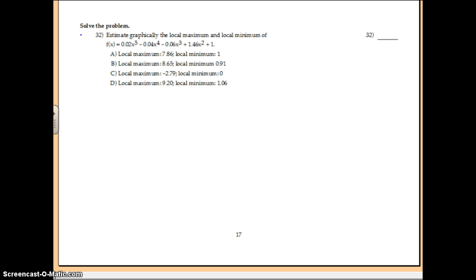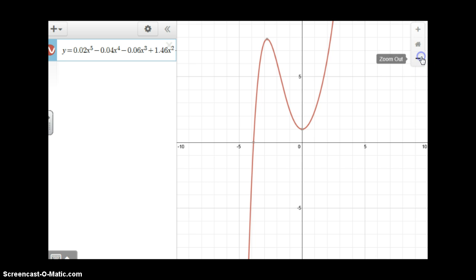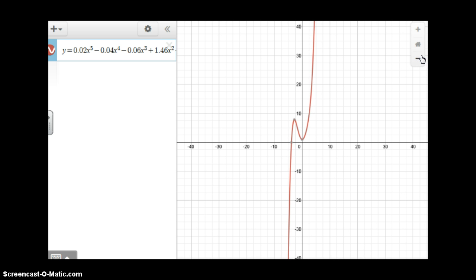Number 32, we're going to estimate graphically the local maximum and minimum values. So we're looking at the top of the hill and the bottom of the trough, or valley, whatever you want to call it. So we'll go and graph that. I'm going to graph this equation, and you want to make sure you zoom out so you can see the whole thing.